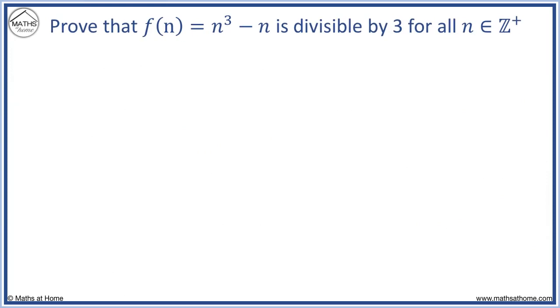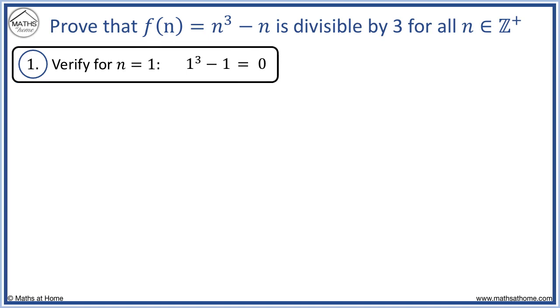Here is another example. We start with verifying that the n equals 1 case is divisible by 3. When n equals 1, we obtain 1 cubed minus 1, which equals 0. 0 divided by 3 equals 0, and so 0 is divisible by 3. Now we assume true when n equals k.